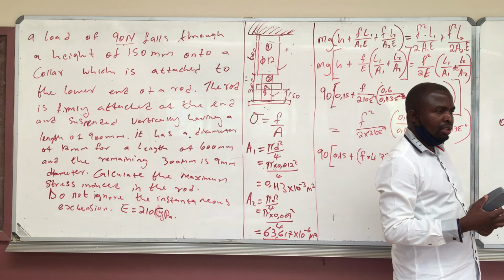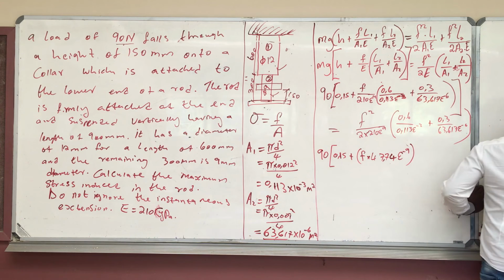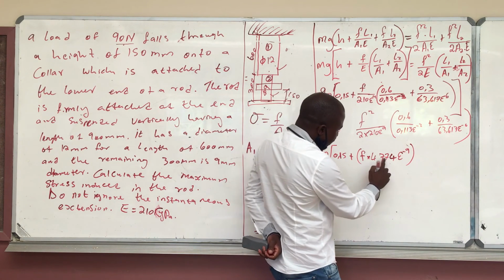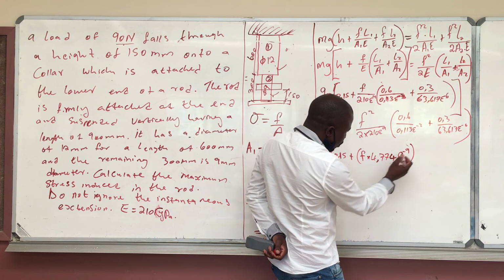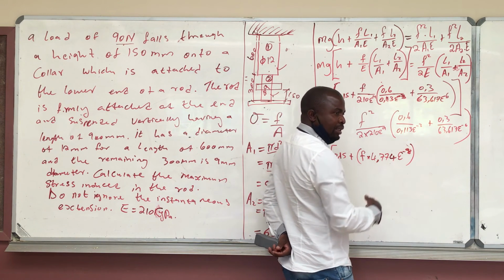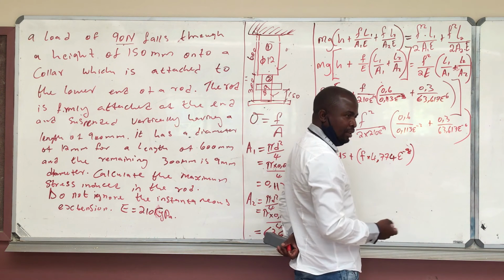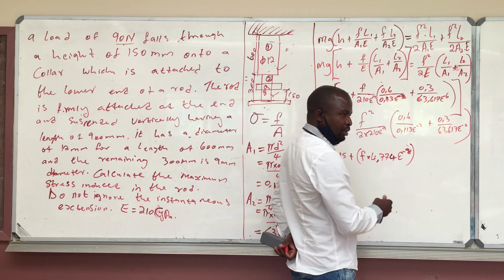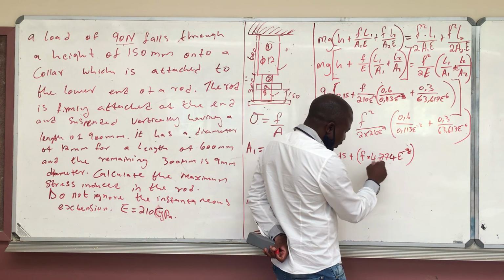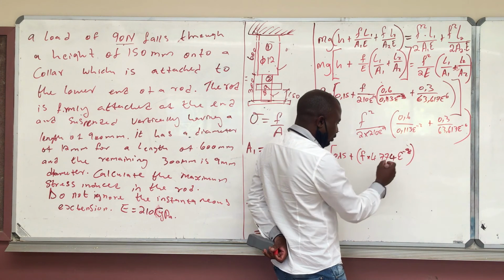Here, even if you round, you're still going to get the correct answer. It doesn't matter whether you put it here or here, as long as you have eliminated all of this.